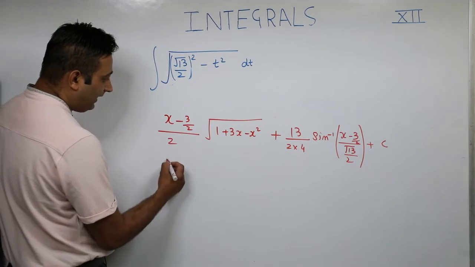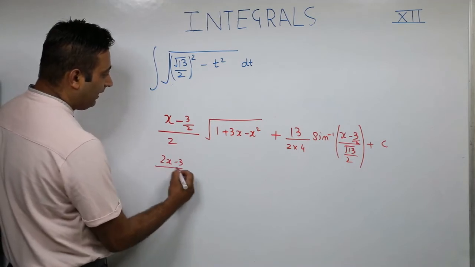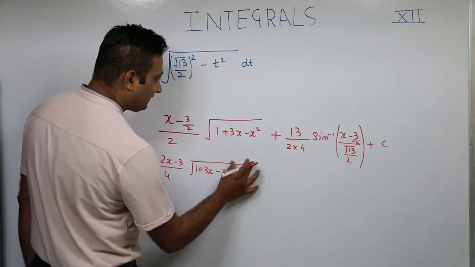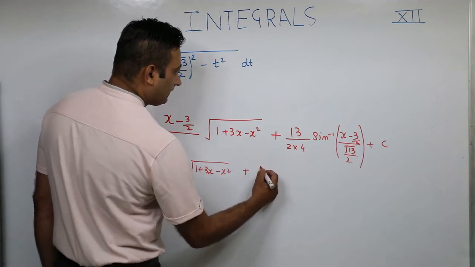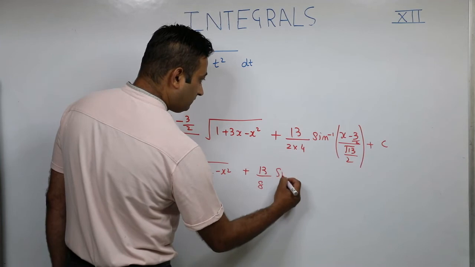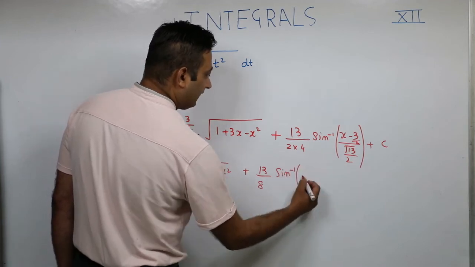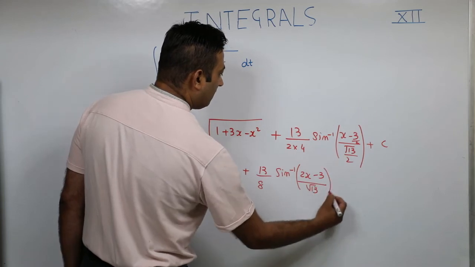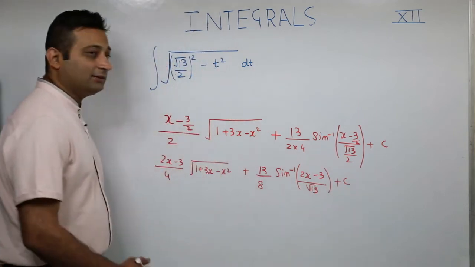Now which can be written as 2x minus 3 by 4 under root 1 plus 3x minus x square plus 13 by 8 sine inverse, we'll take the LCM here, (2x minus 3) by root 13, plus c, which is our final answer.